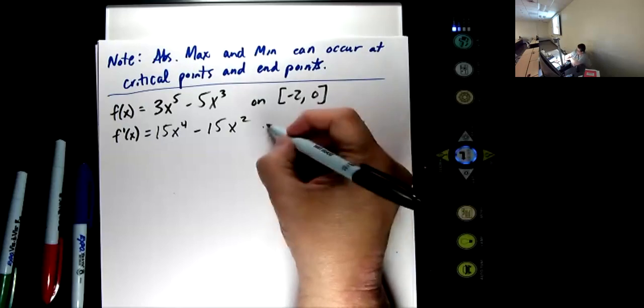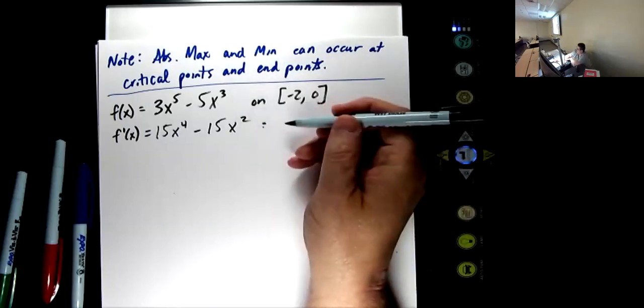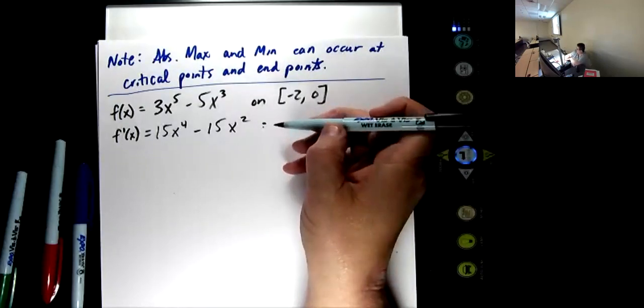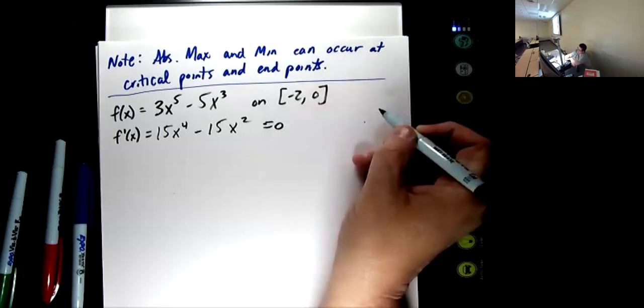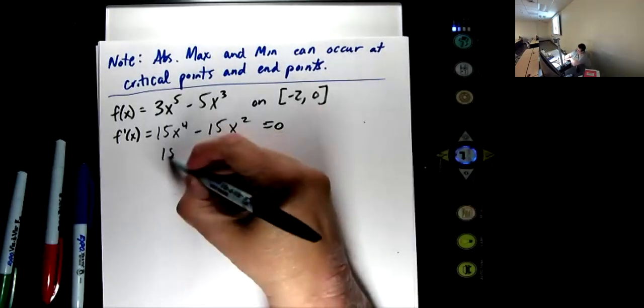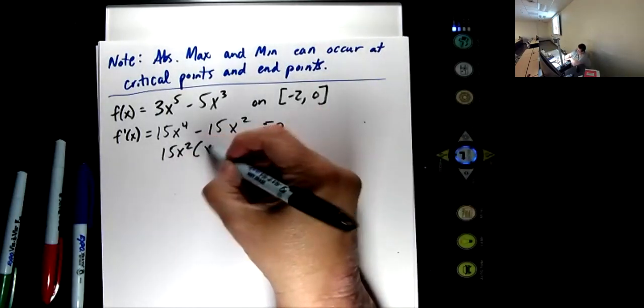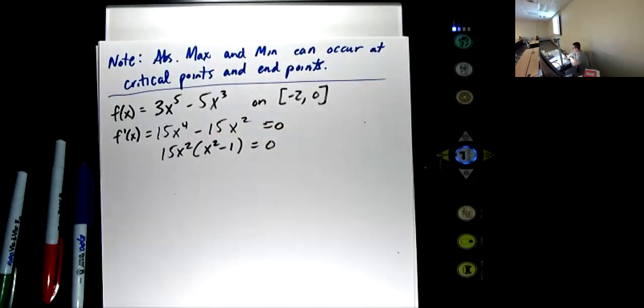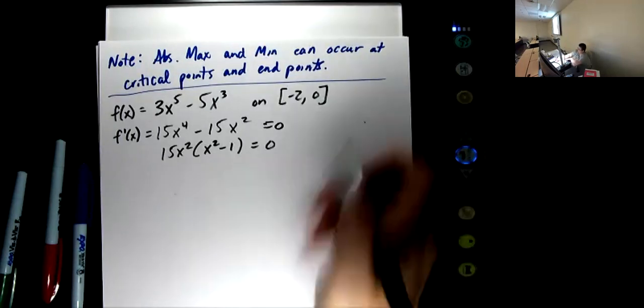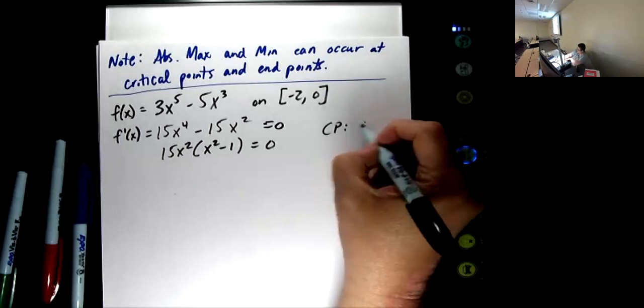So to find the critical points, what do I have to do? Set it equal to 0. So I could factor out a 15x squared and I get x squared minus 1. What are my critical points here? 0.